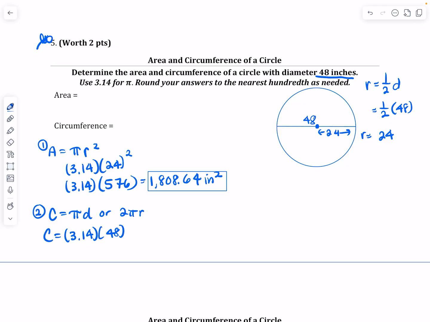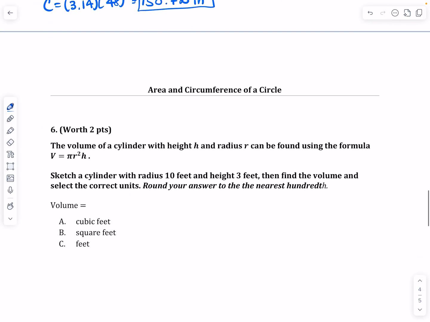Circumference is distance around. So 3.14 times 48 equals 150.72. And we're in just inches, because it's measuring the distance around. All right, so those are the answers for number 5.